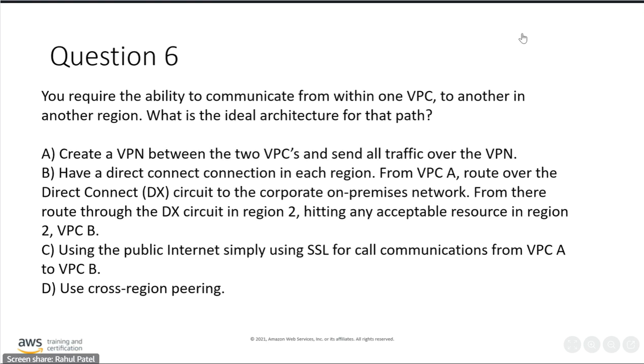Next question. You require the ability to communicate from within one VPC to another in another region. What is the ideal architecture for that path?